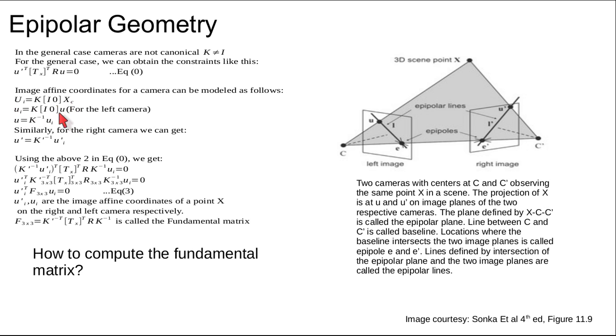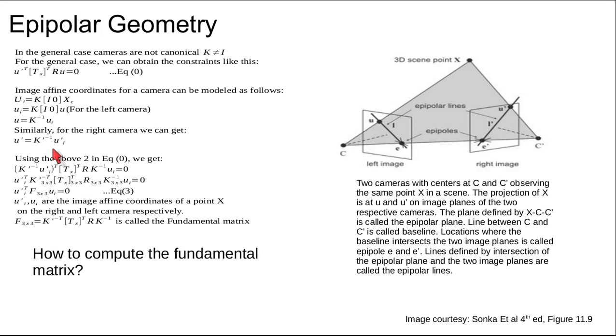And this can be written in the following manner for the left camera. Right? ui equal to k, identity 0 and u. Now u can be written as u equal to k inverse ui. Similarly, for the right hand side camera, we'll have u dash is equal to k dash inverse ui dash.